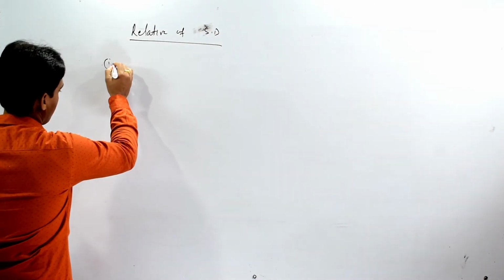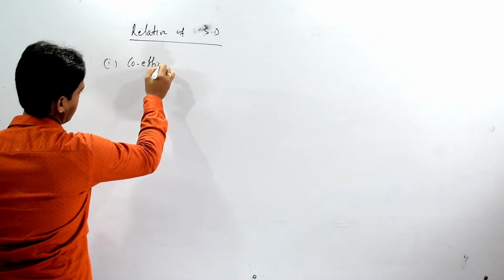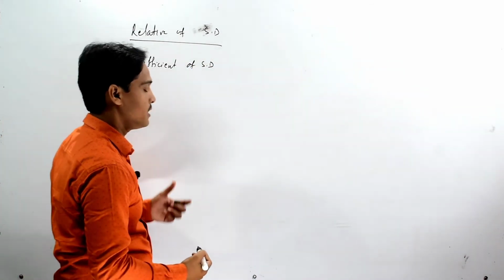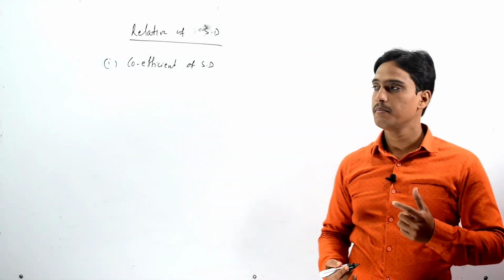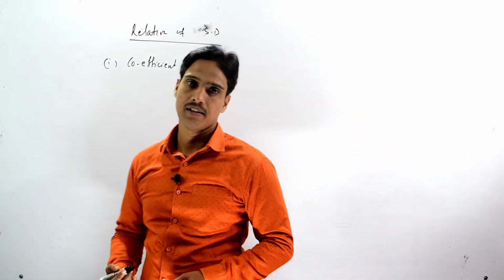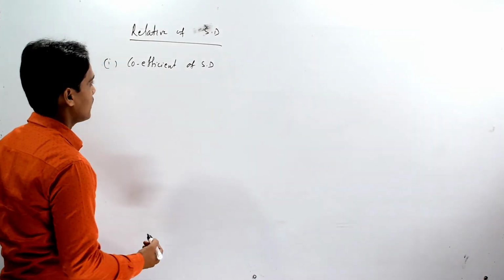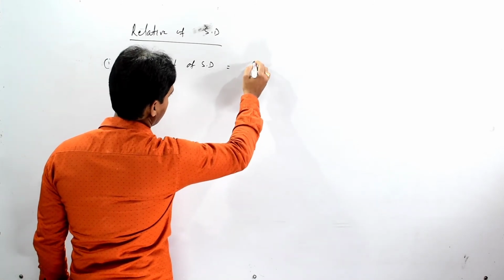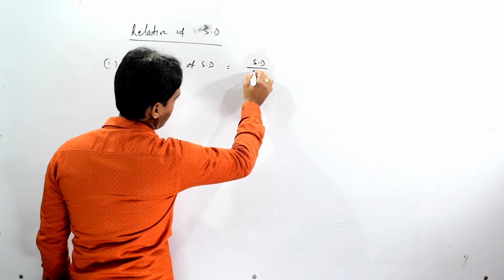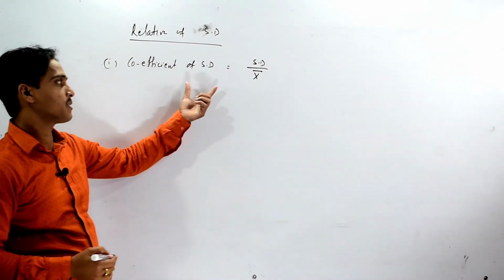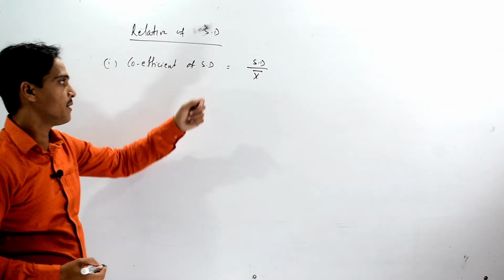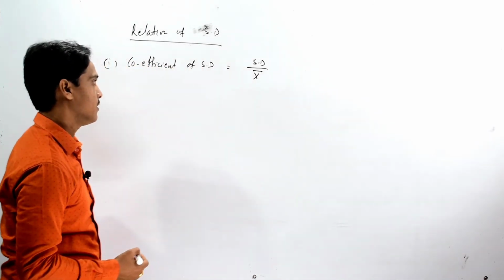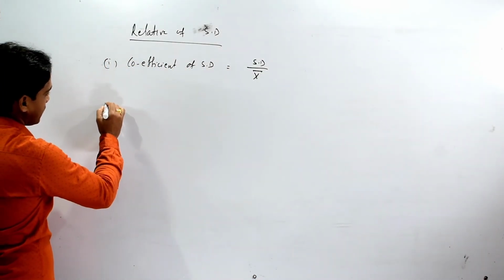So these are coefficient of standard deviation, which is considered as the relative measure of our standard deviation, calculated by using the rule SD divided by x bar. So our coefficient of standard deviation is calculated by dividing the standard deviation by the arithmetic mean of the concerned series.